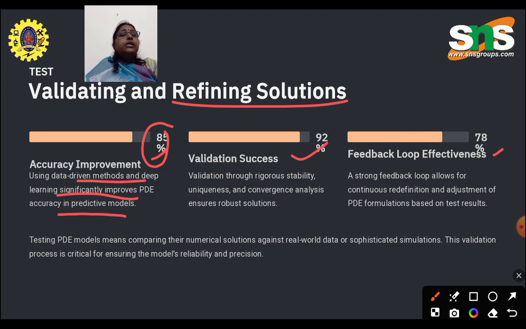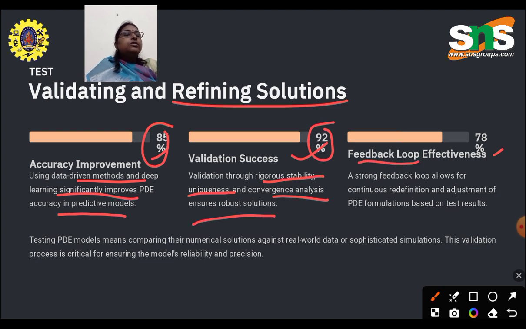Then validation: we check stability and uniqueness, and convergence analysis ensures robust solutions. The success rate of this test is 92%. If you get that, it is very accurate, so we can proceed. Next is the feedback loop.